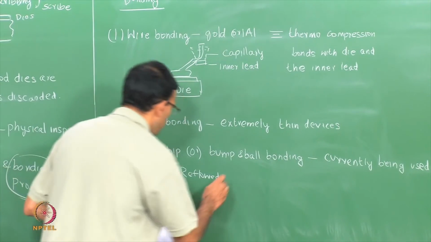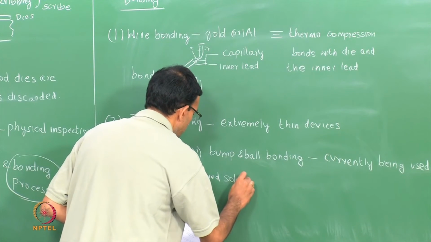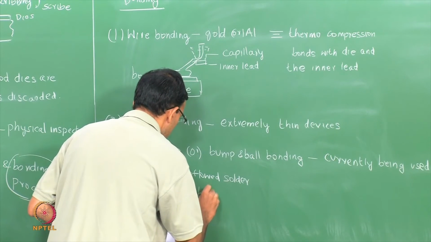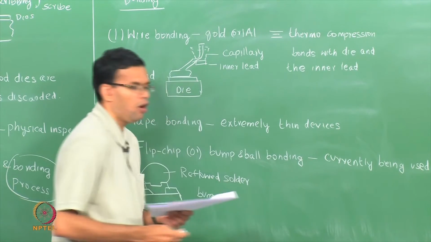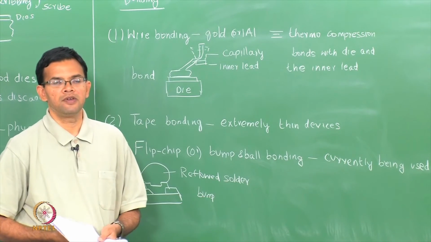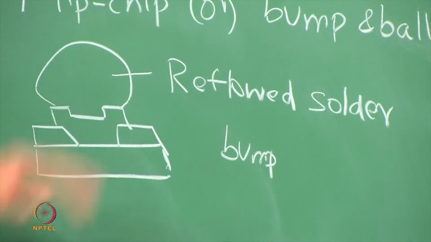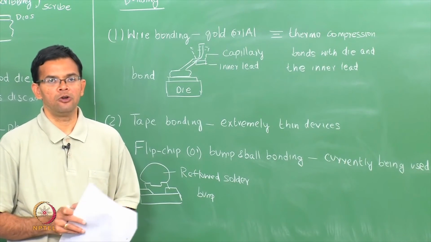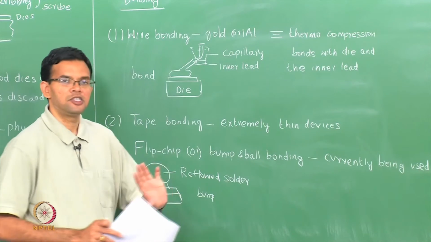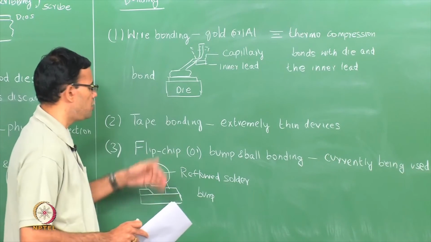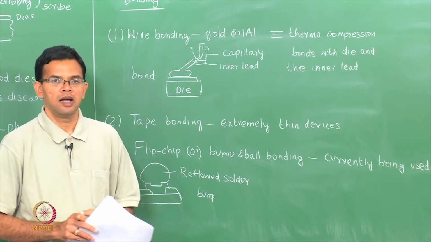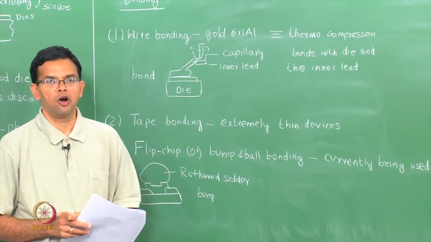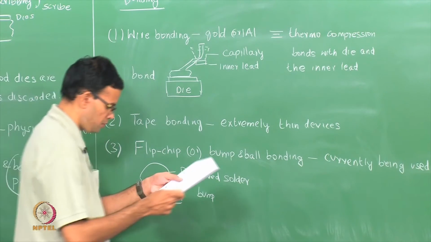So, this is your reflow solder bump. For all the different connections or leads that have to be made, a solder material is melted and then flowed onto it. The entire chip is then flipped, which is why it is called a flip chip, and then the leads are directly bonded to your package.